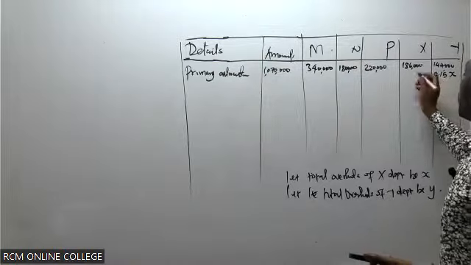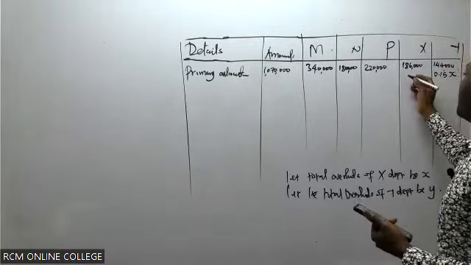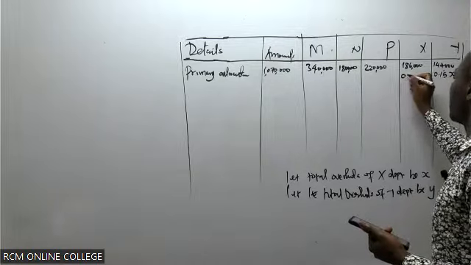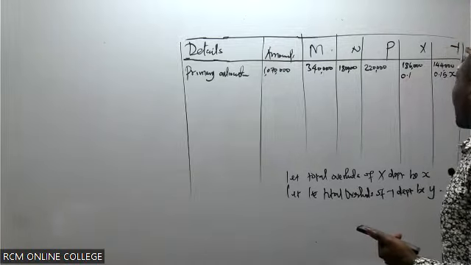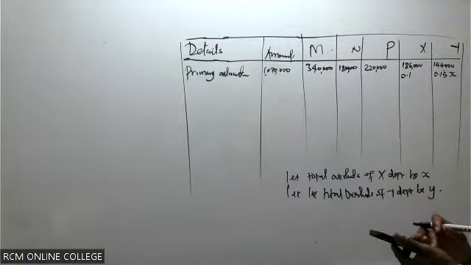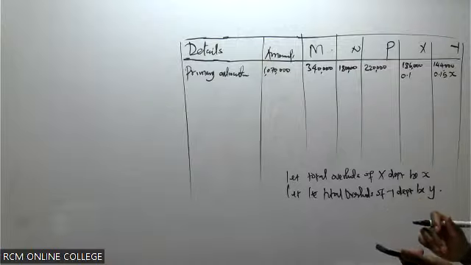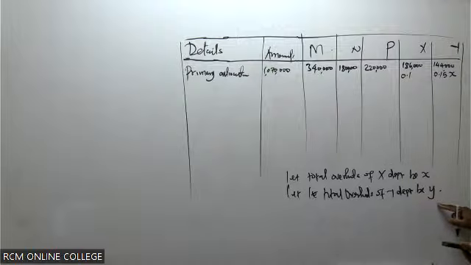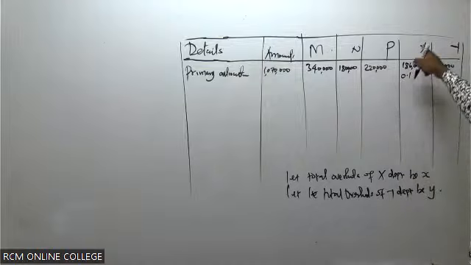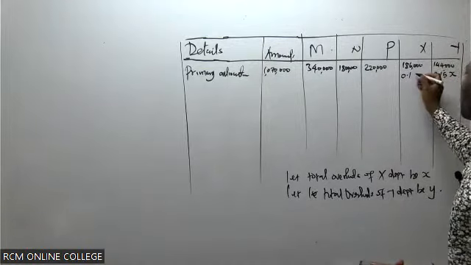So X will have 186,000 plus 10% of the totals of Y. What did we say about the totals for department Y? It is represented by which letter? Represented by letter Y. So X is receiving 0.1 or 10% of the totals of Y.